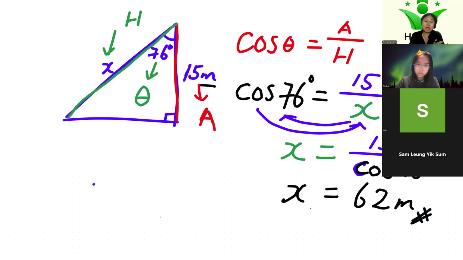So through cosine, we can get the length of this triangle. Everyone have got the calculator, right? Look at my video, watch my video and do it one time. You cannot just watch without practice.